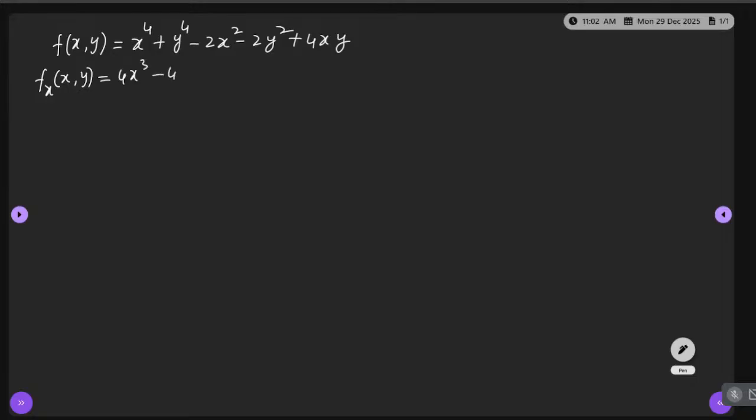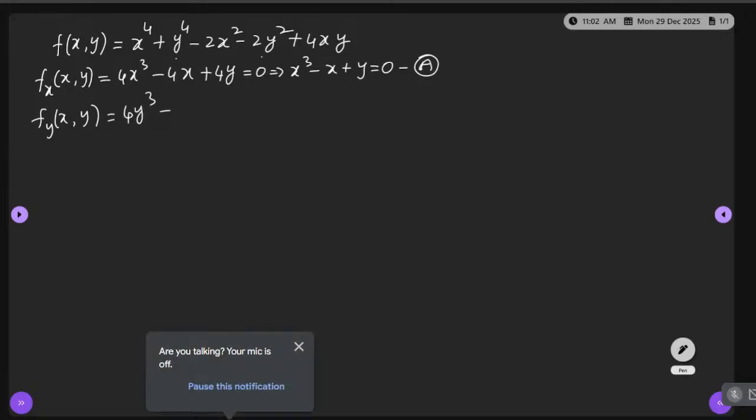Fx of xy is 4x cube minus 4x plus 4y. Keep y as constant. Make it equal to 0. Here you get x cube minus x plus y equals 0. Let it be A. Now what is fy of xy? 4y cube minus 4y plus 4x equals 0.